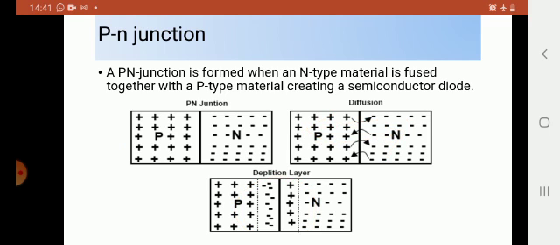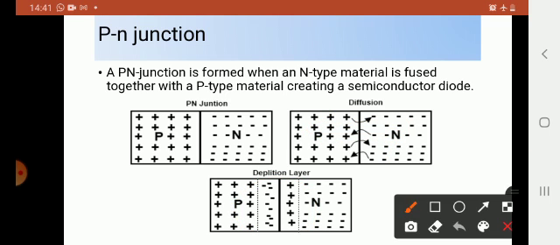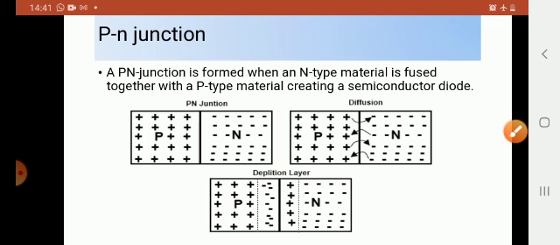You can see a layer has formed, and this layer is known as the depletion layer. Fine. So all this happens in a p-n junction.